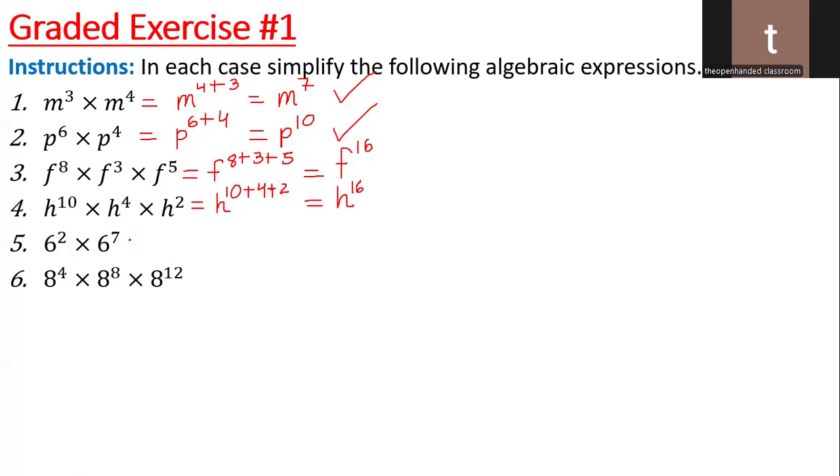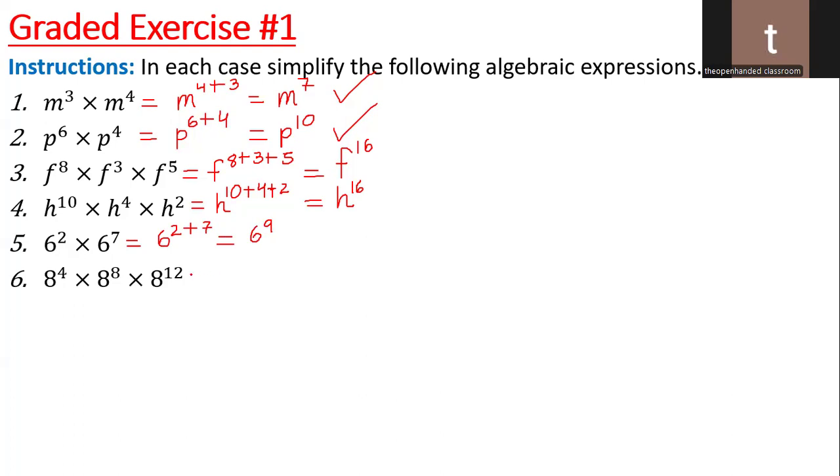Next we have 6 to the power of 2 plus 7, which is going to be equal to what? 6 to the power of 9. Very good. 6 to the power of 9.